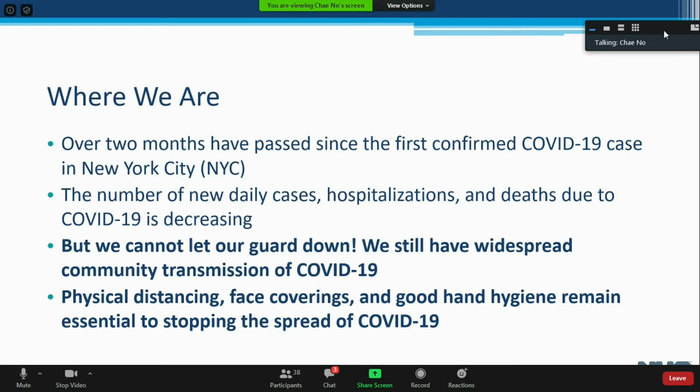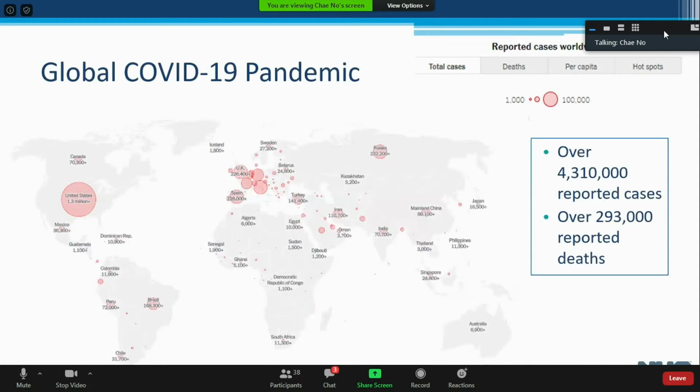the spread of COVID-19. And right now in the world, we have over 4 million cases. The number is probably going to go up tomorrow morning, unfortunately. And we have a lot of deaths too, not just here in the States, but elsewhere too. Over 293,000 reported deaths, which is a tragedy in itself.